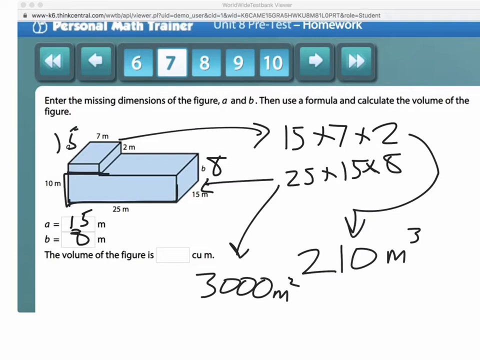So I'm not going to show you how I multiplied that, but you can go ahead and multiply it. The smaller box on top is 210 meters cubed, and the larger prism on the bottom is 3,000 meters cubed. So you put those two together, you end up with a total volume of this composite shape of 3,210 meters cubed.